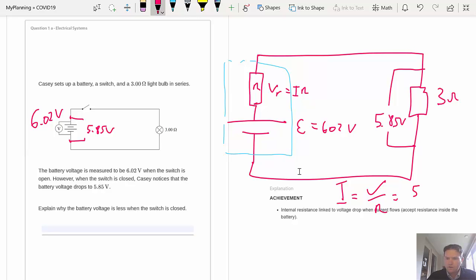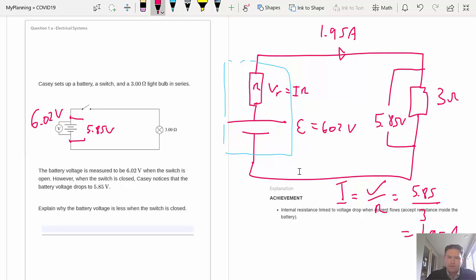The voltage across this is 5.85, the resistance is 3. So 5.85 divided by 3, I get 1.95 amps going through the circuit.